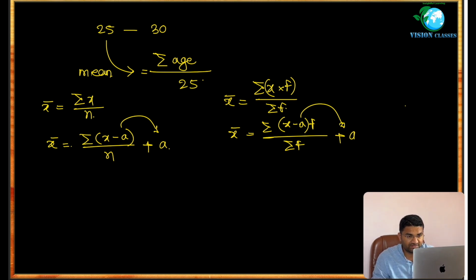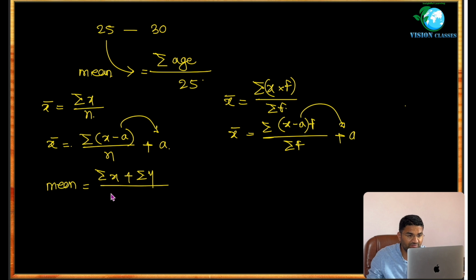Suppose you have two sets of values, x and y, how can we find the mean? In that case, the mean is the summation of x plus the summation of y, divided by n of x plus n of y. That is how we calculate it.